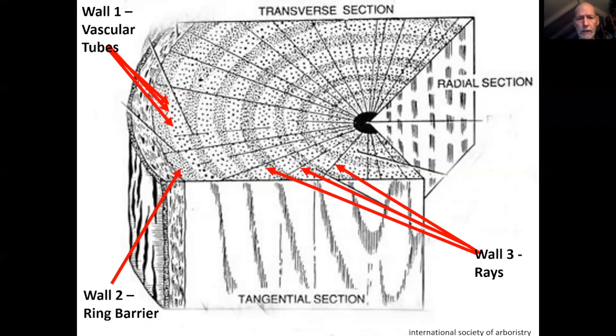Chemical reactions take place, you end up with end products that the tree doesn't need, and it shuffles them off into the center of the tree through the rays. And that's one of the reasons why the wood at the center of the tree is very hard, because it has a lot of minerals in it. Okay, so those are your three chemical walls that are formed inside the tree just inside a cut in order to block the movement of decay causing agents.